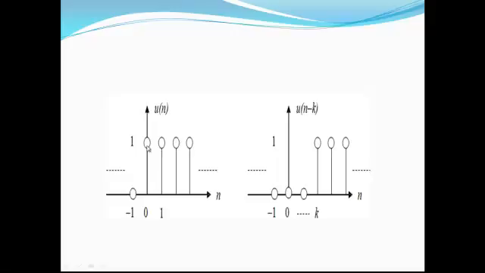Why? Because the rest of these sticks, running from 1 to infinity, will cancel out each other. You are subtracting, hence you will get only a signal whose value is 1 at n equal to 0, and that is a delta sequence, your delta function.